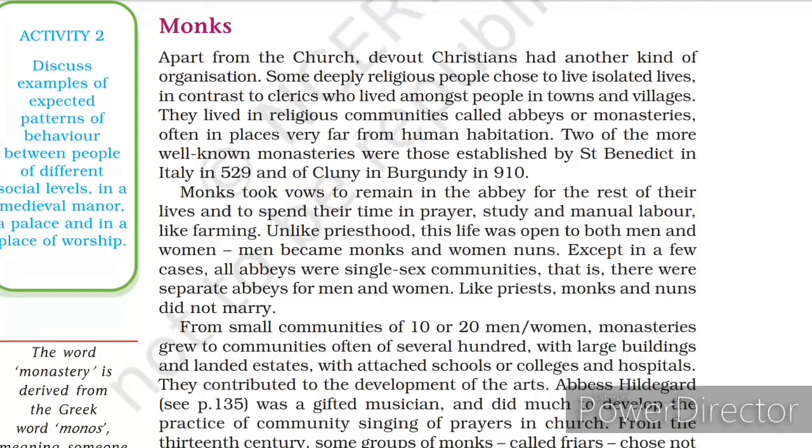So the abbeys or monasteries were often situated at places very far from human habitations. Wherever the nuns and monks live, they will be settled in very far areas where they can't see the general public. Why? Because they are totally devoted towards God.